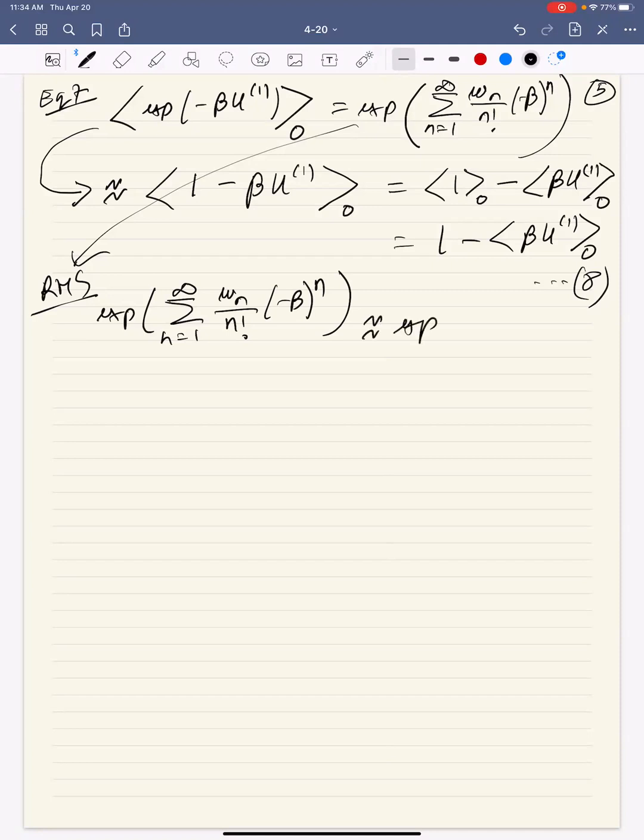That's going to look like exp of W1 by 1 factorial times minus beta. What is that? That is exp of minus beta W1, right? That's equation 9. So what did we just get?